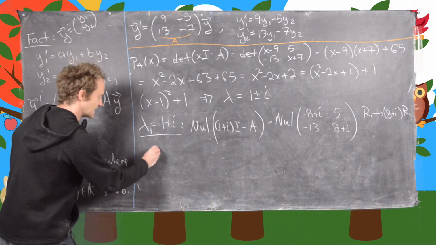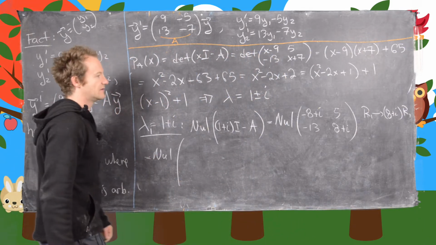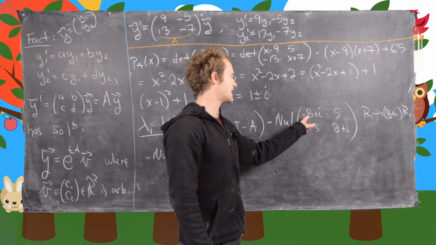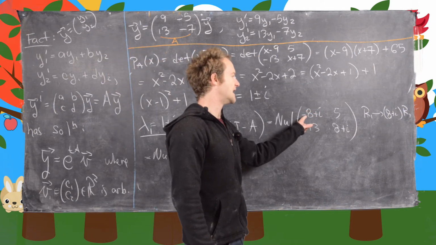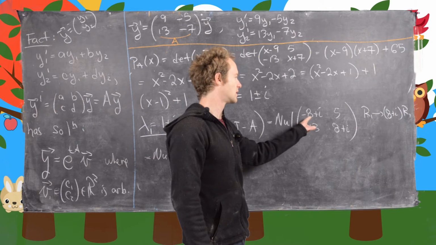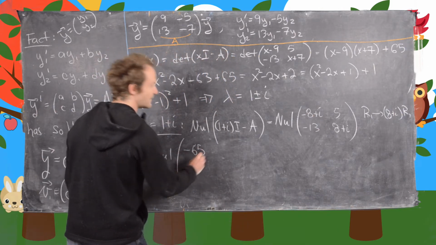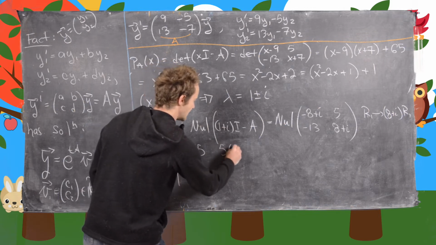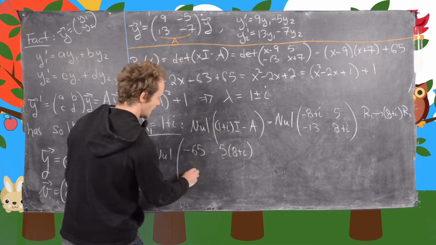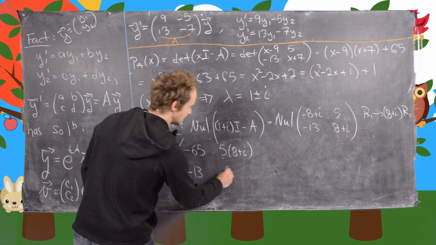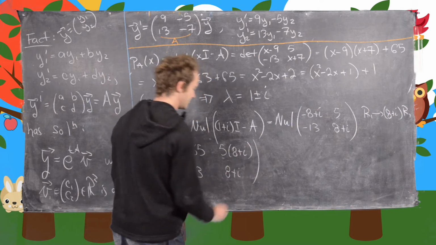If we multiply that out, we're going to get negative 64 minus i, so that's negative 65, and then 5 times 8 plus i, and then down here we'll have negative 13 and 8 plus i.